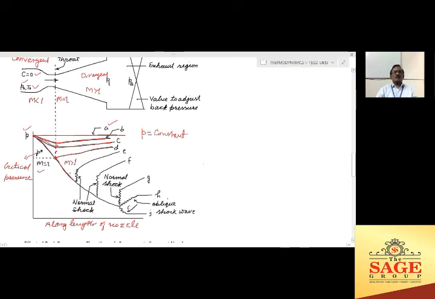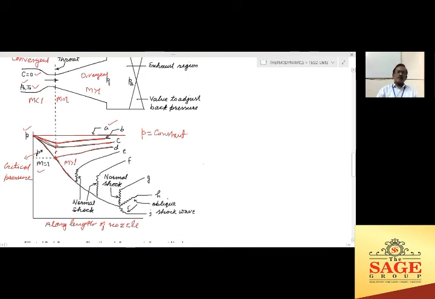So what we are seeing is that if the back pressure is continuously decreased, after the sonic flow, we have Mach number 1 at the throat. In the divergent portion, the flow will be supersonic flow.